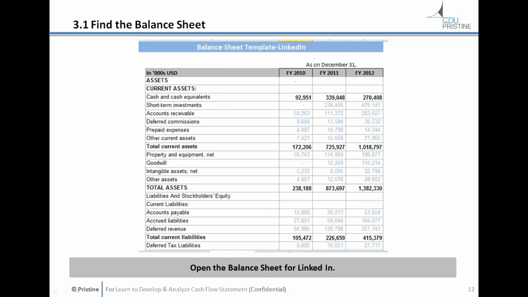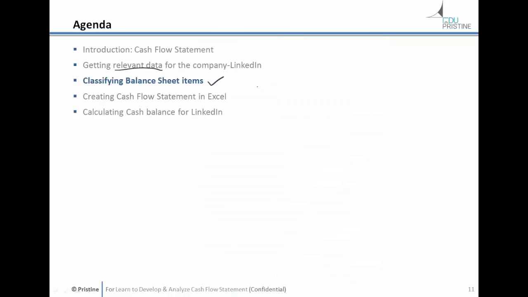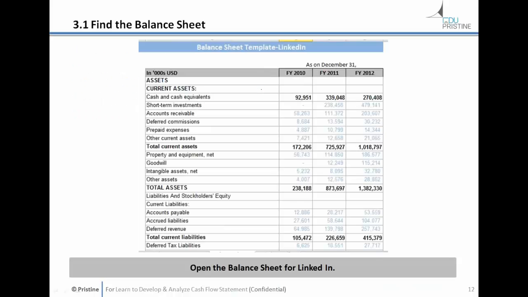Okay, so we got the data. You have opened the balance sheet, right, by classifying the data in the balance sheet. There's a webinar that we did which talks about how to create a balance sheet from the raw data. Look at that webinar to get a balance sheet like this. There's a webinar on how to create an income statement.